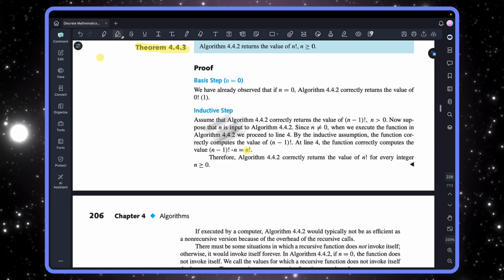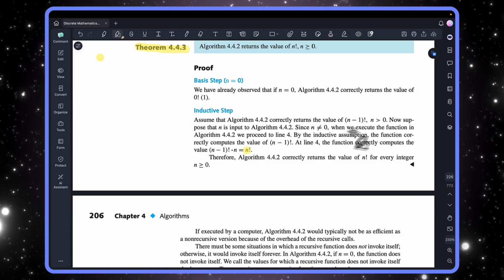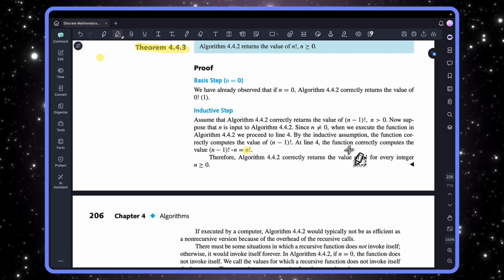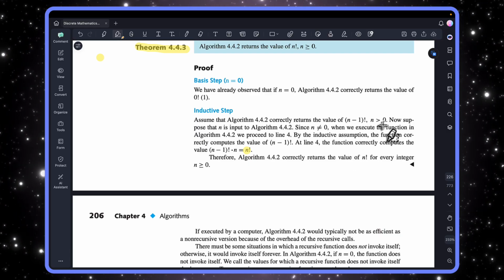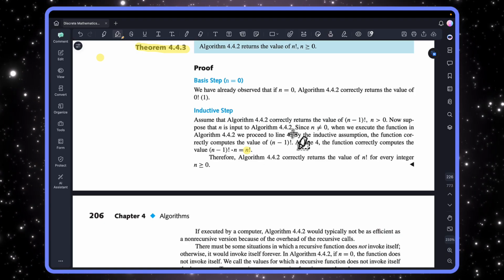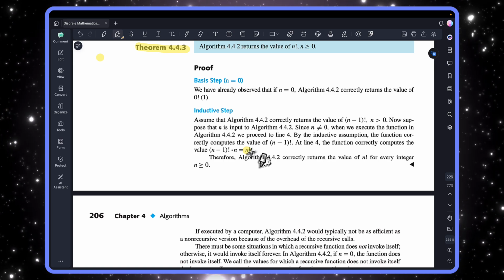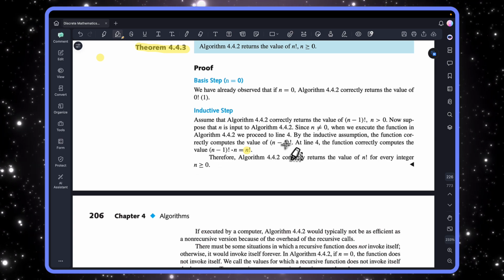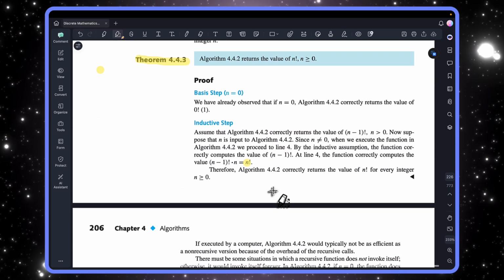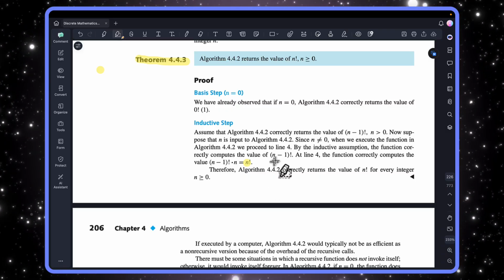So the inductive step. Let's assume that this algorithm correctly returns the value of n minus 1 factorial. That's our inductive hypothesis. Then if n is greater than 0, suppose that n is input into this algorithm. Since n is not equal to 0, when we execute the function, we proceed to line 4, which says compute the value of n minus 1 factorial.